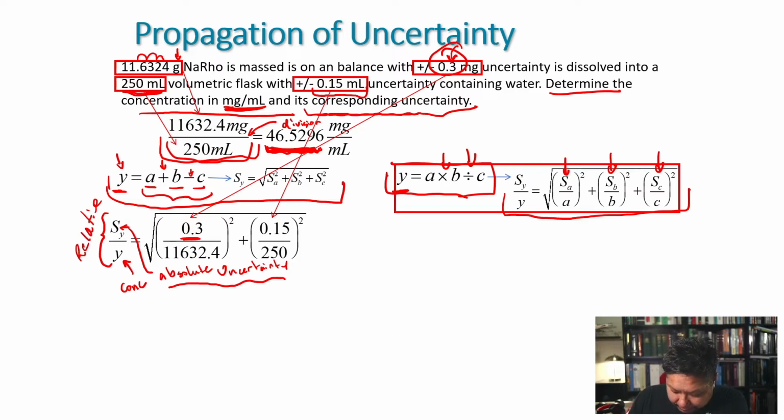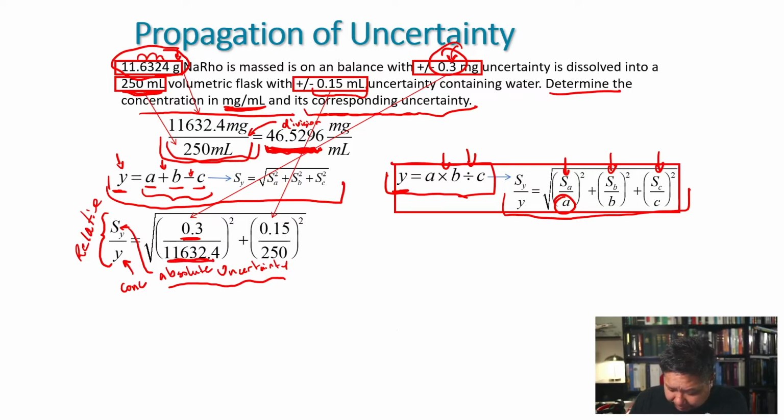And then the A here is the measurement from that first uncertainty, which was the 11.6324 grams, or converted to milligrams per mil, it became 11,632.4. And so that's what goes down here in the bottom, the denominator.